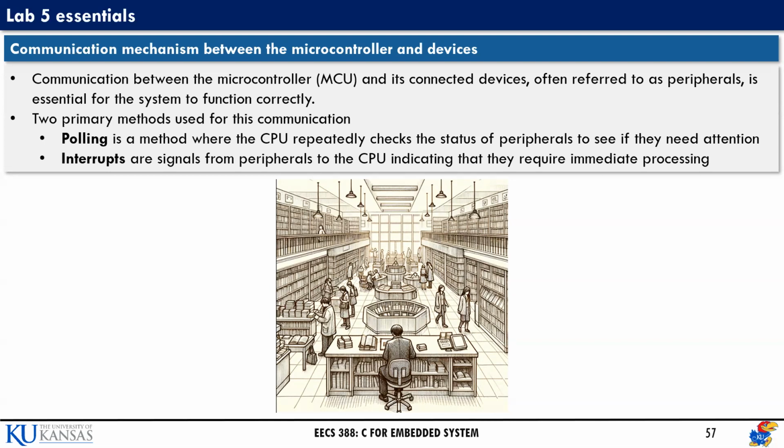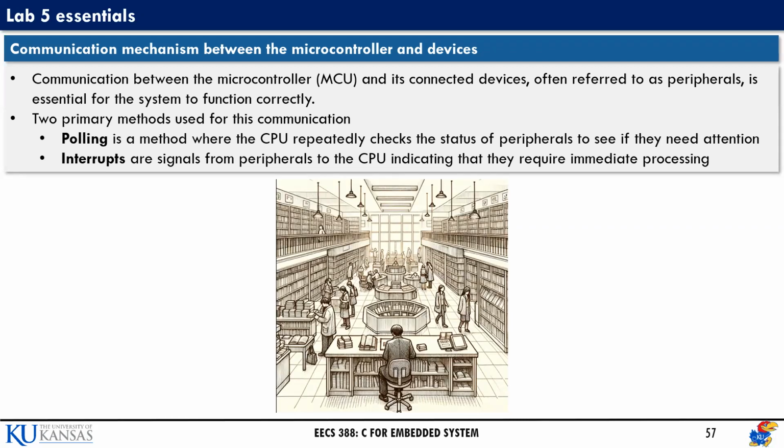The librarian immediately pauses their current task to attend to the caller's needs. So here, the pro is that this method is highly efficient, as the librarian's assistance is provided exactly when and where it is needed, without wasting any time on unnecessary checks.